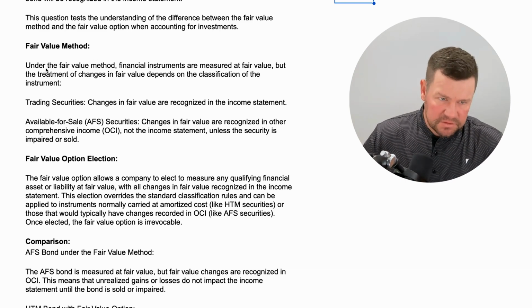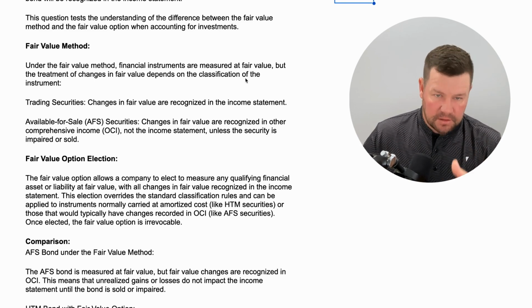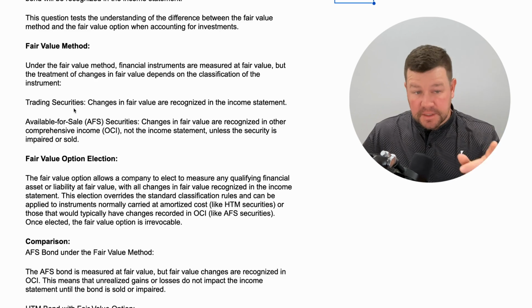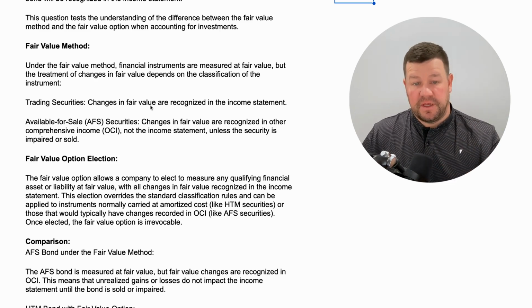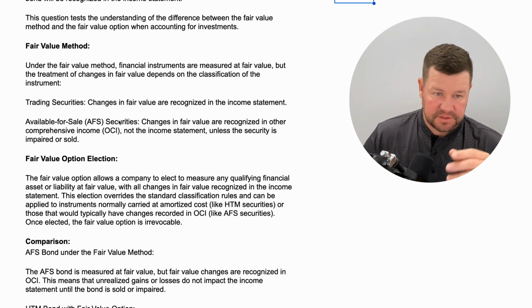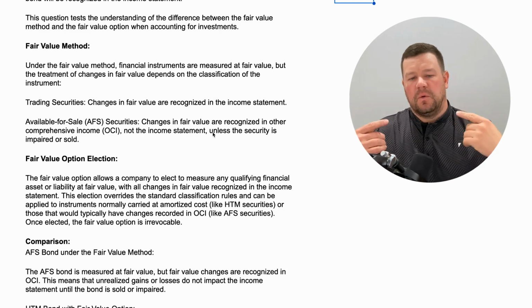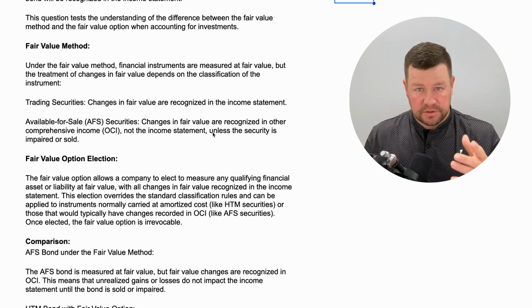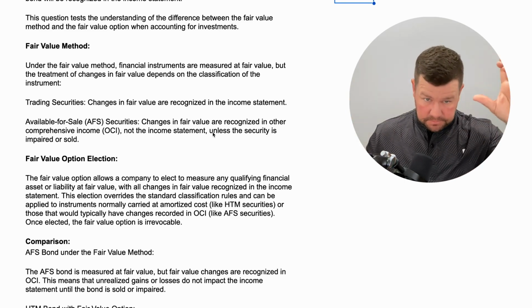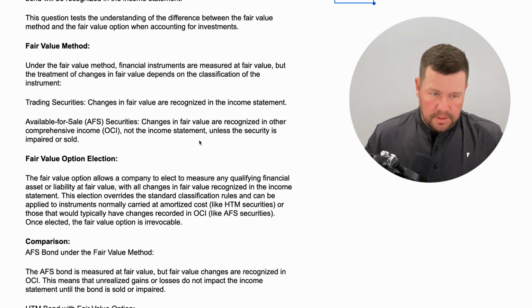Under the fair value method, the financial instruments are measured at fair value, but the treatment of the changes in fair value depends on the classification of the instrument. So trading securities, those changes in fair value are recognized in the income statement. Whereas AFS, available for sale securities, those changes in fair value are recognized in OCI, not the income statement. Now, when that security is either impaired or sold, then those changes that have been sitting there in OCI get recognized through the income statement.